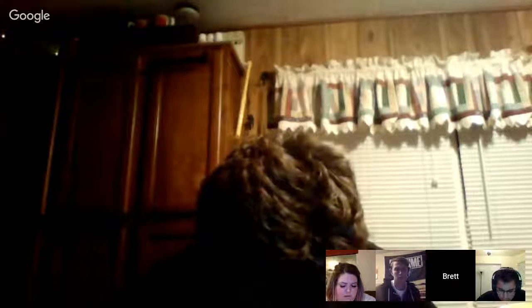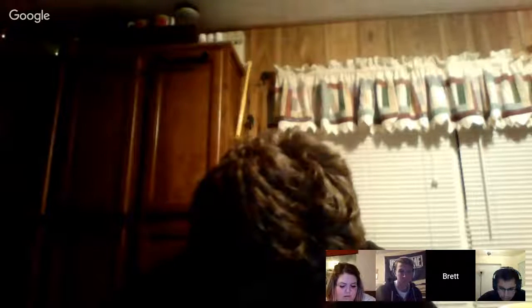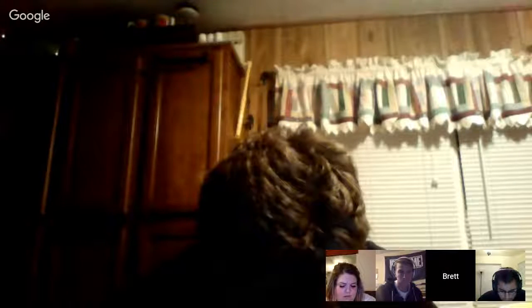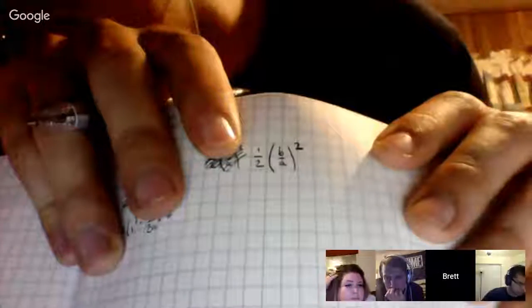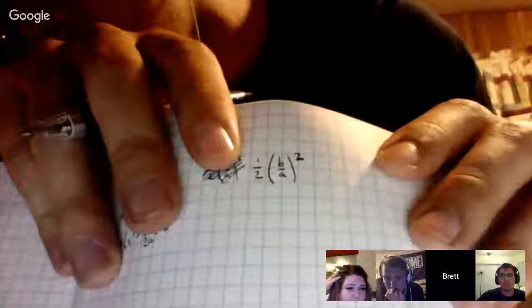So hold on, trying to get this written out nicely here. Because when it gives us a normal equation to work with, I don't know if y'all can see it's written like that.